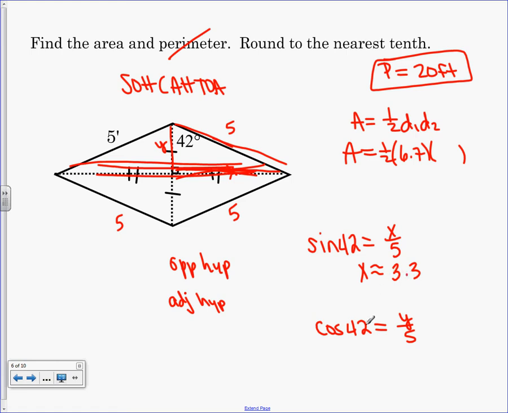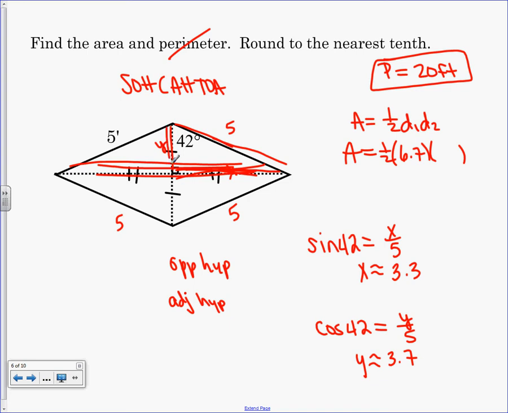Okay. So now let's find y. So once you've stored something, you can hit clear if you want to. That's fine. Okay? So to find y, we're going to take cosine of 42 times 5. And you get what? About 3.7, is that what you said? Yeah. Okay. Again, don't get rid of it. Get the 3.7 in your calculator.